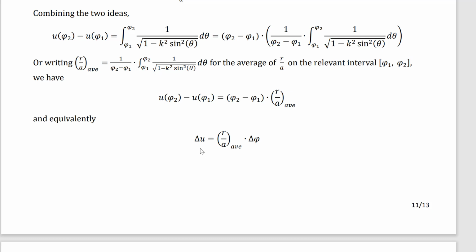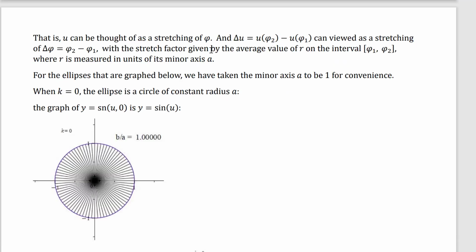So essentially, the change in u for any two phis is the average of r over a for those values of phi times the change in phi. And r over a is always going to be bigger than 1. So as I said, any interval length in u is just a multiple of the length in phi.